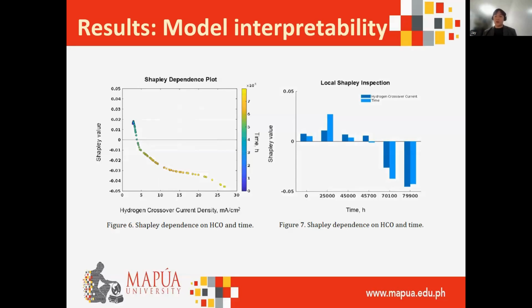Overall, the GPR model achieved a high level of accuracy while providing physically consistent interpretations of PEMFC degradation behavior. The integration of Shapley analysis not only quantified the relative influence of hydrogen crossover and time, but also revealed their dynamic contributions across different operational stages.